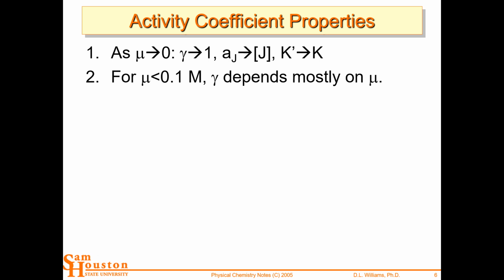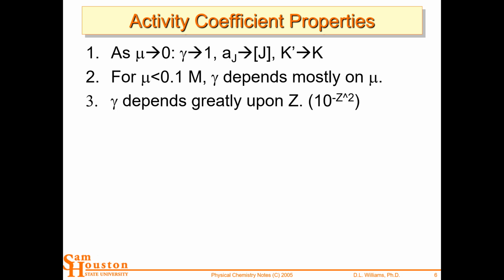Now for these low ionic strength solutions, less than 0.1 molar, this gamma depends mostly on the ionic strength. And then gamma depends greatly upon the charge of the ion. So like you said, copper 1 versus copper 2 are going to be dramatically different in terms of their activity coefficients.